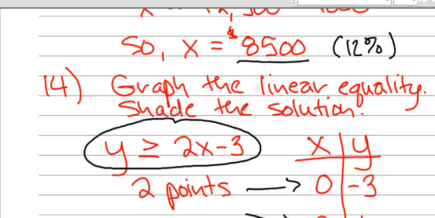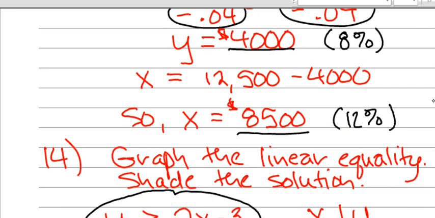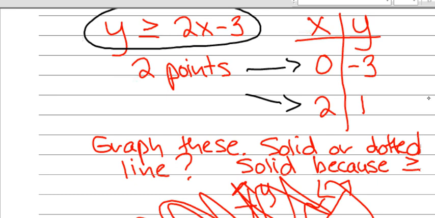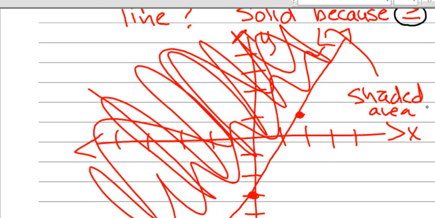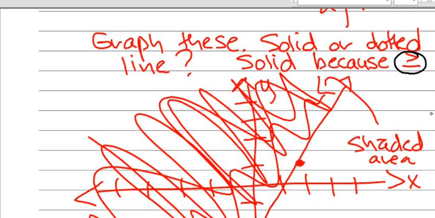So I'm going to graph these, and since there is a greater than or equal to in the problem, when I graph it, my line is going to be solid.